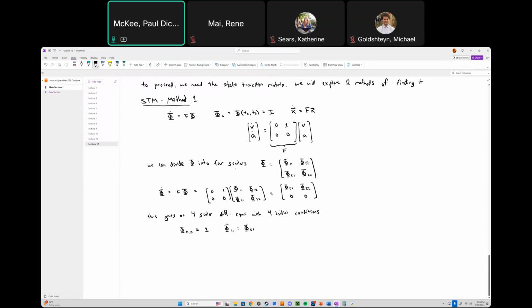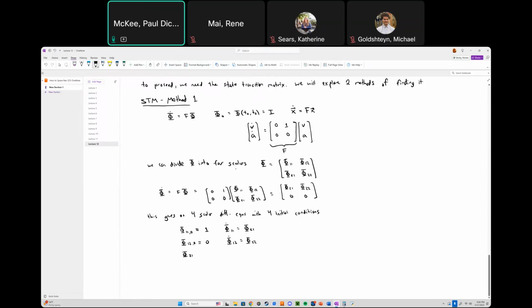Let's come back to this one. Phi 1,2, the top right element. Initially, it's 0 because we start with the identity matrix. Phi 1,2 dot is phi 2,2. Does that help us? Still not really. Okay, let's keep moving. This is going to make more sense in a minute, I promise.